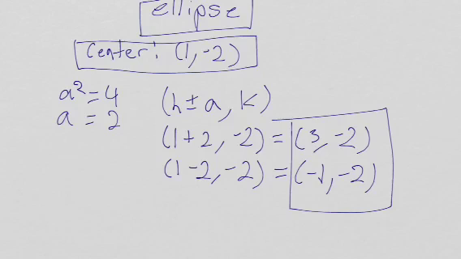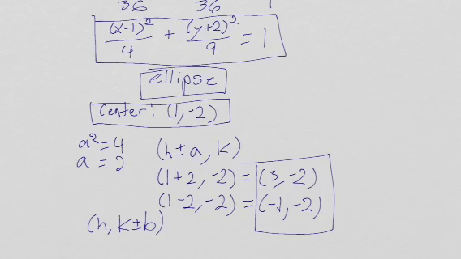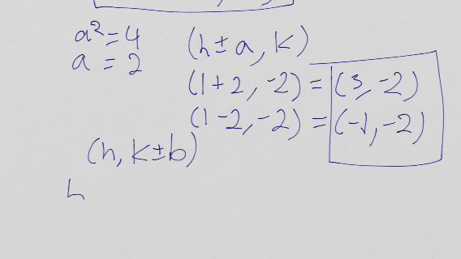And now we are going to want to find our covertices for our minor axis. And to find our covertices, we are going to look at h comma k plus or minus b. So for that, we can see that b squared is equal to 9. So b equals 3.